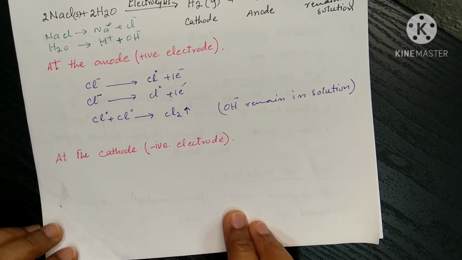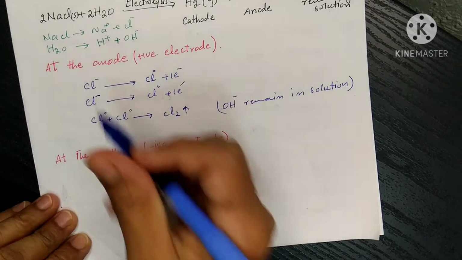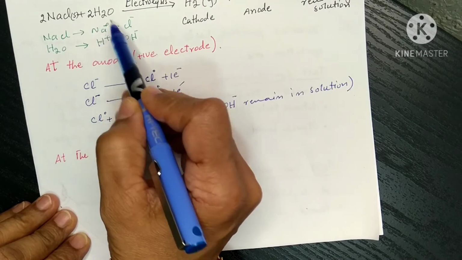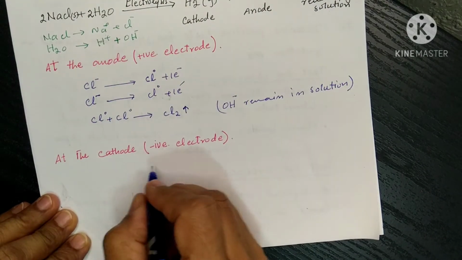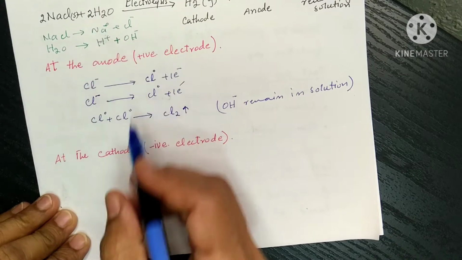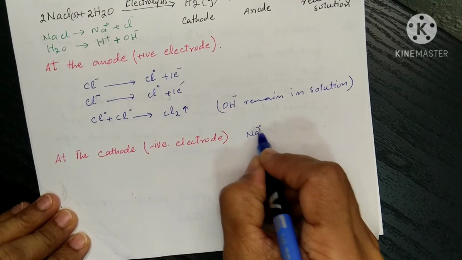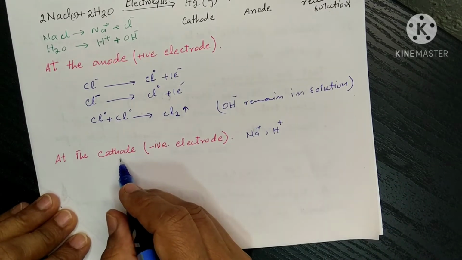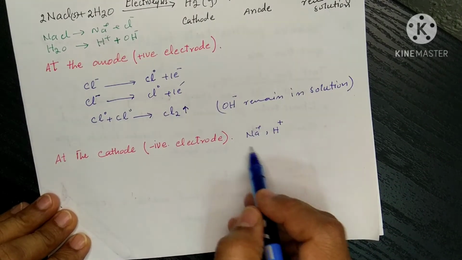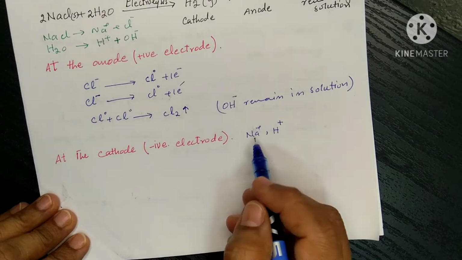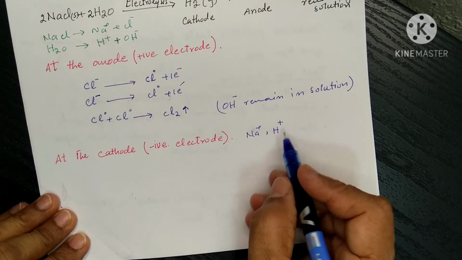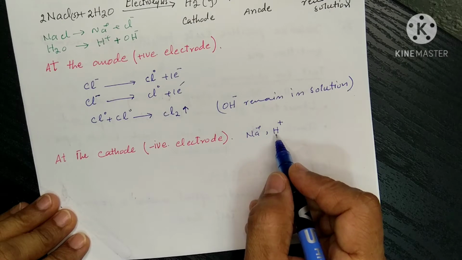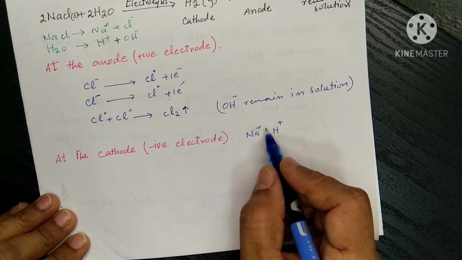Next is the reaction at the cathode. At the cathode, we have these two positive ions, these are cations, sodium ion and hydrogen ion. When sodium ion and hydrogen ion reach the cathode, there is competition between these two ions, and according to the reactivity series, the ion which has low reactivity will be deposited or released at the cathode, and the other will remain in the solution.